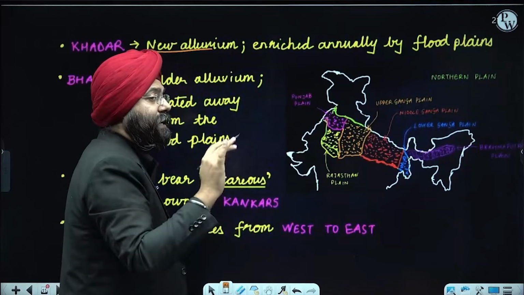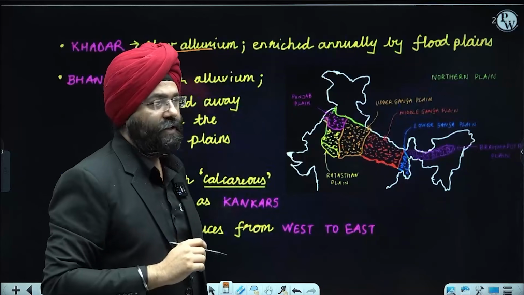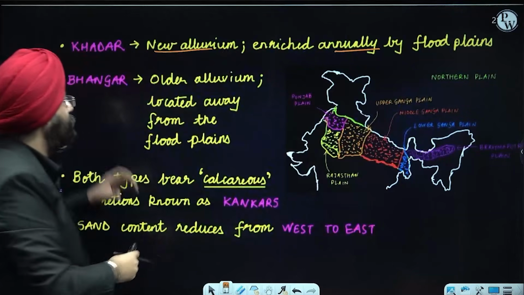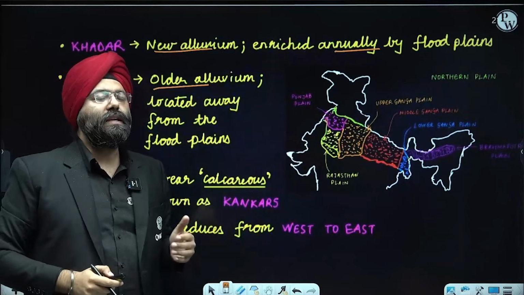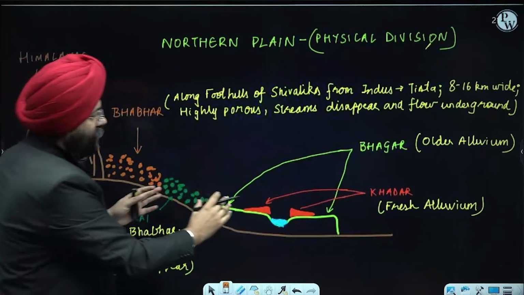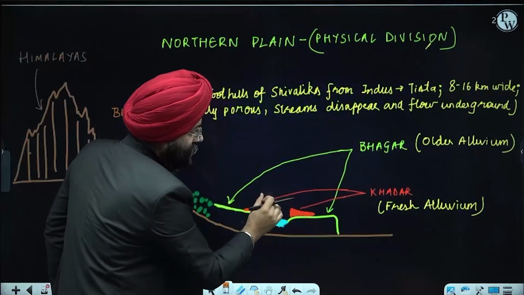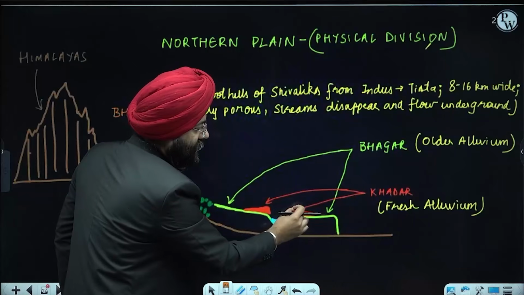We have already done this in the northern plain when we were doing the previous chapters in the structure and physiography. This is enriched annually by the floodplains, whereas the Bhangar are the older alluvial which are located away from the plains. See here, let us say this is a river flowing. This red part refers to the fresh alluvial that is deposited by the river because it is flooding next to the river.